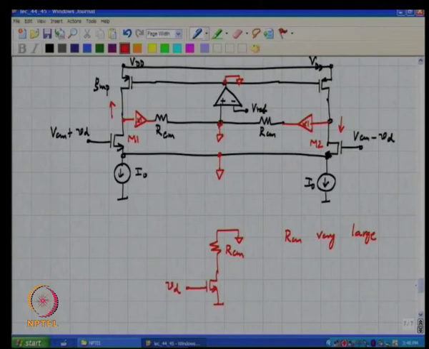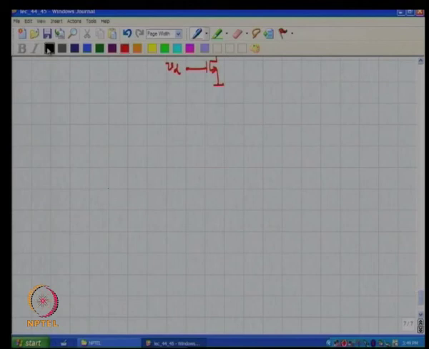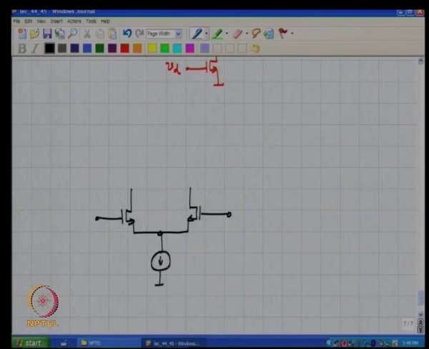So, in general, a differential amplifier with common mode feedback will look like this.